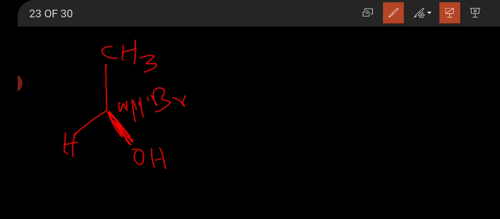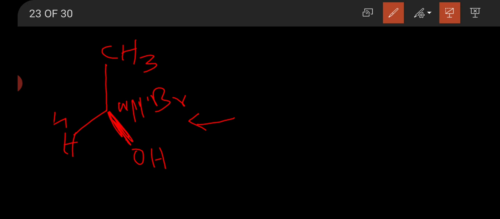Here, the fourth priority, this is the fourth priority, which is present in the plane. We have to see such that the fourth priority is below the plane. Therefore, we have to see the molecule in this direction.